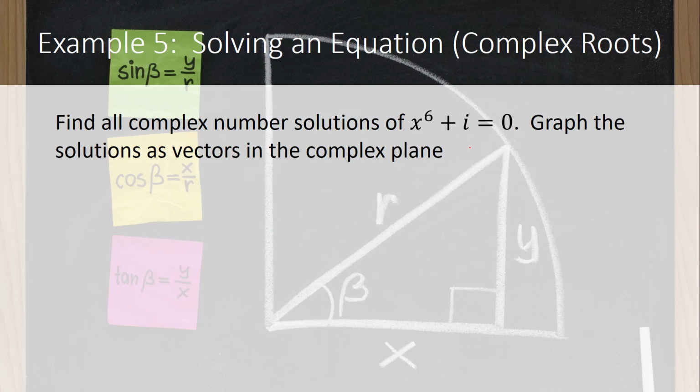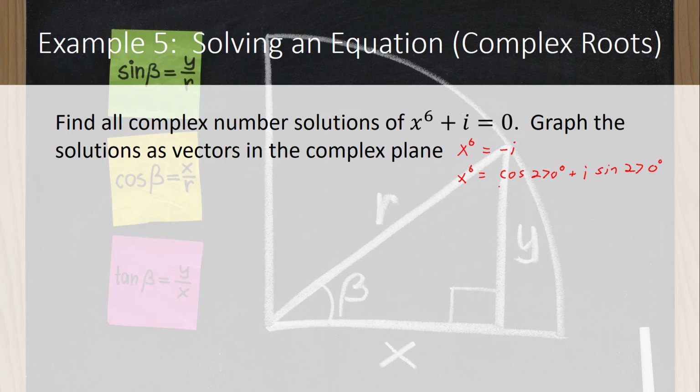Of course, that will occur when x to the 6th power is equal to negative I, or when x to the 6th power is equal to 1 times the cosine of 270 plus I times the sine of 270. That will give us a negative I.